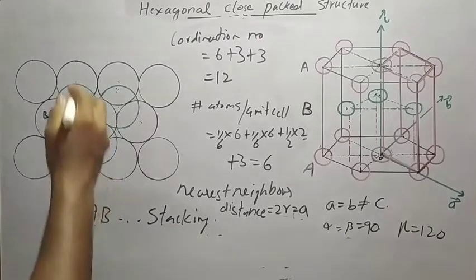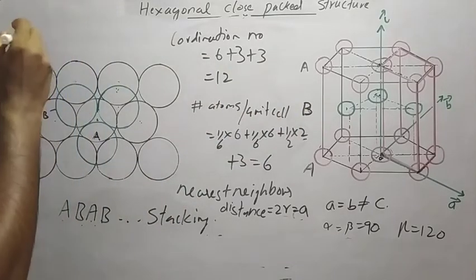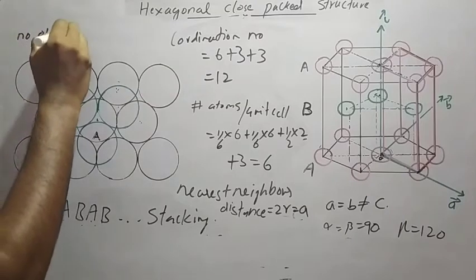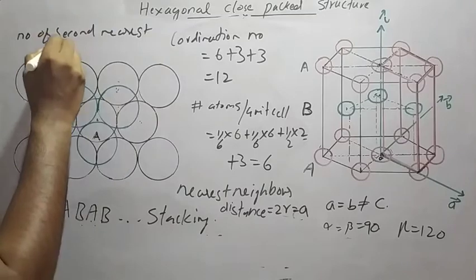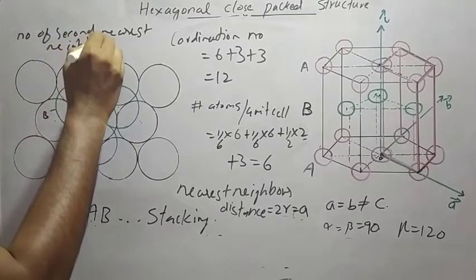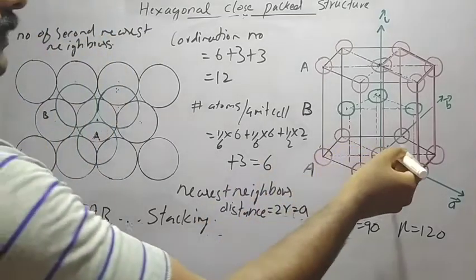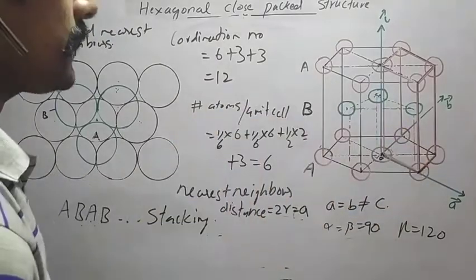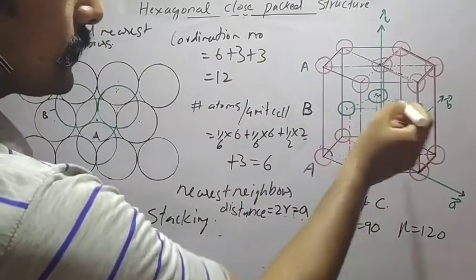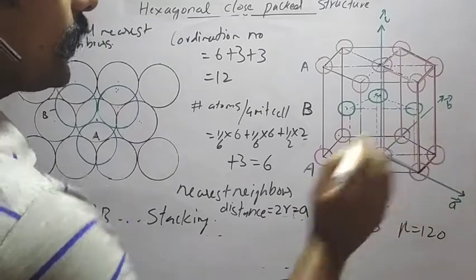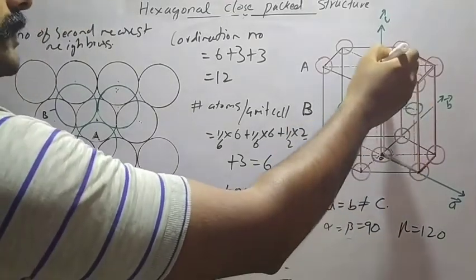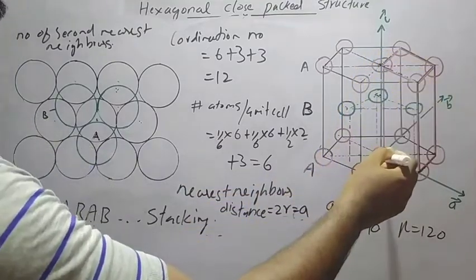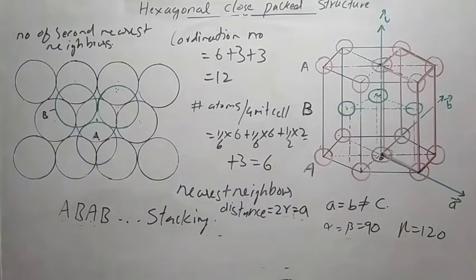And next let us find out the number of second nearest neighbors. Okay, the same atom, let us take as the reference atom. So this one, and this all are first nearest neighbors, and one second nearest neighbor is this one, and another second neighbor is on the other side.